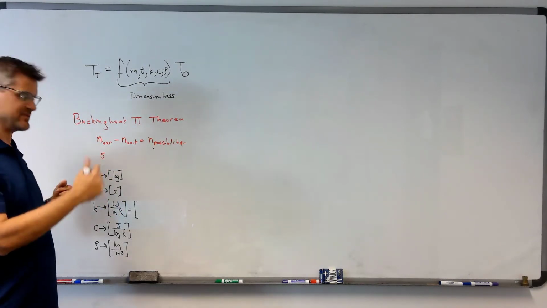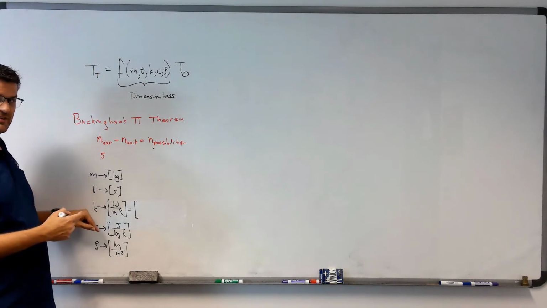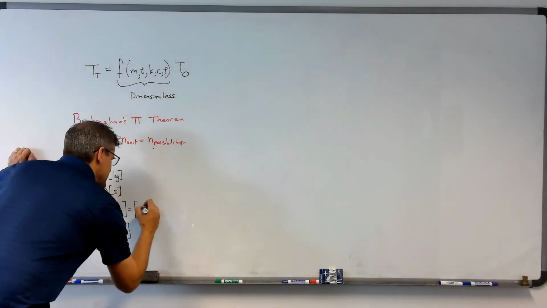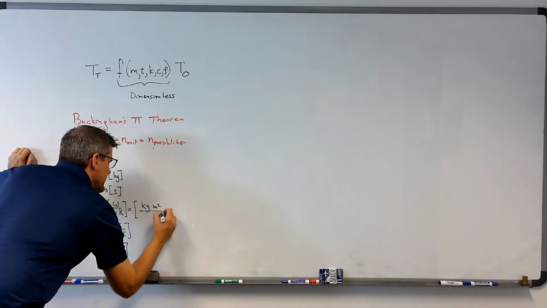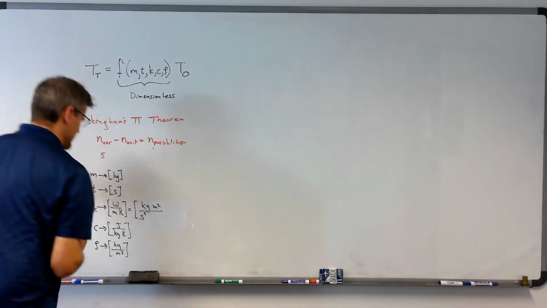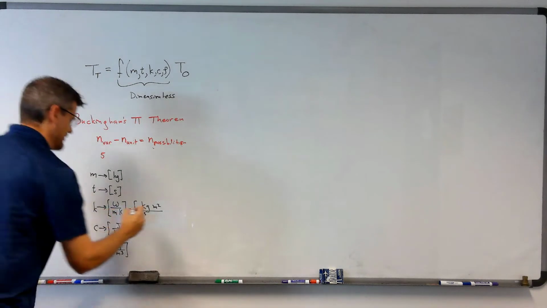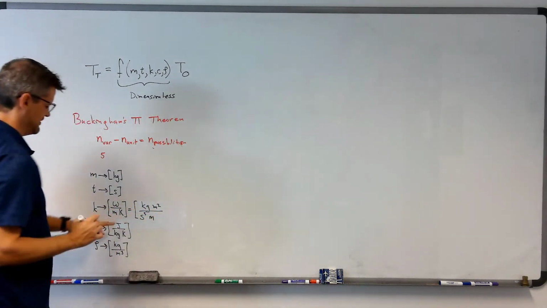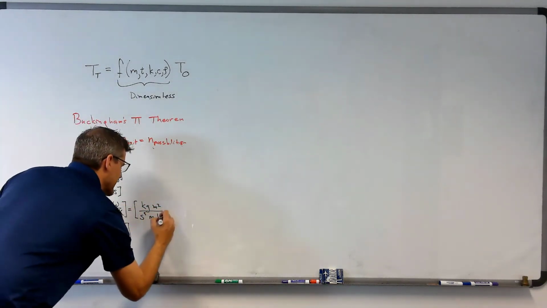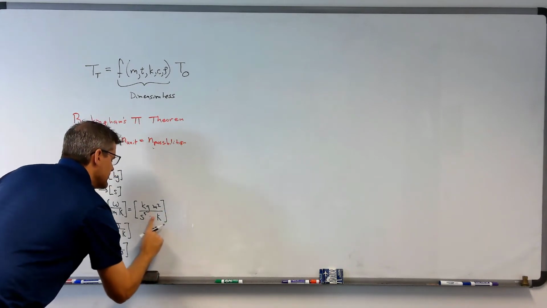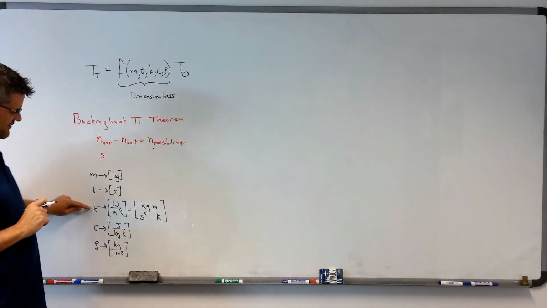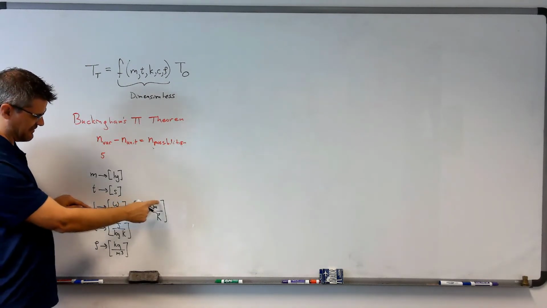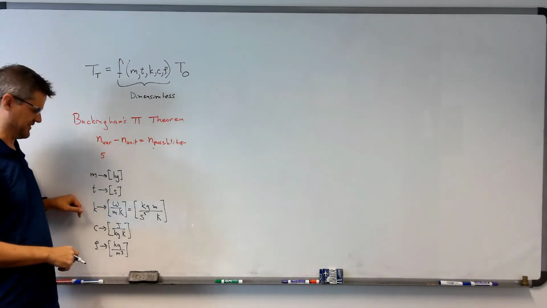So kilogram meters squared per second, which means that a watt is a kilogram meters squared per second cubed. We have a meter on the bottom here. We have a Kelvin on the bottom here. So this meter cancels with this meter, and units of thermal conductivity are kilogram meter per second cubed Kelvin.